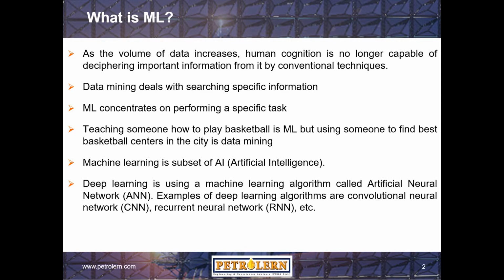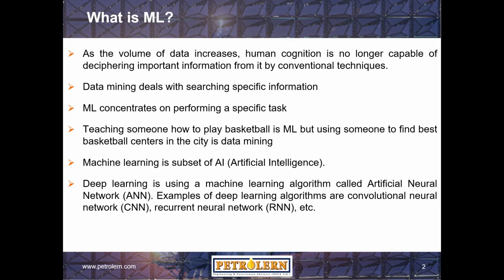Again, the difference between machine learning and data mining is that in one, you're trying to teach someone how to play basketball, and in the other, you're trying to find the best basketball centers in the city. And then finally, deep learning. We always hear about deep learning, and deep learning is basically an algorithm called artificial neural network with multiple layers.